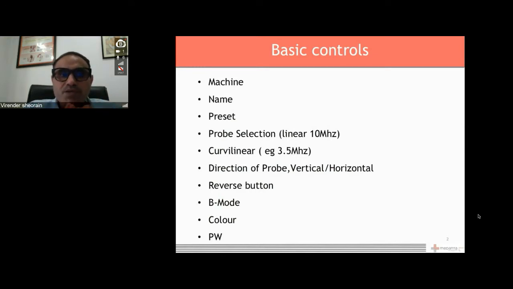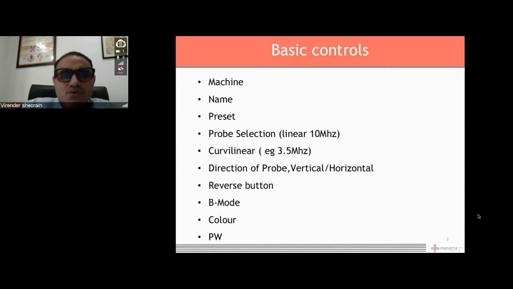You can put in the patient's name, and there are presets for what you are looking for: vein, upper limb vein, lower limb vein. You can select your probe accordingly. If you need more depth, you decrease the megahertz. When you need less depth, more clarity, more superficial, you go with a linear probe and higher frequencies. You can also choose the direction of the probe, cross-sectional or longitudinal view, and you can reverse it. These are the B mode, the color mode, and the power mode.